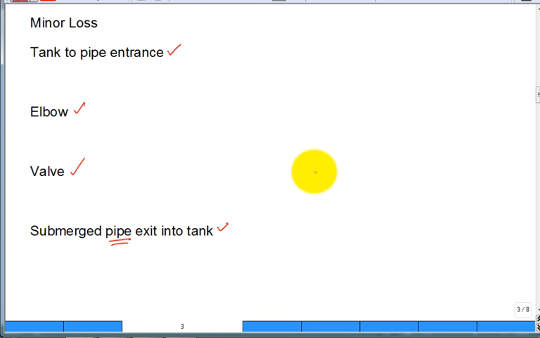If I have a pipe and I'm using it to fill this tank, and the end of the pipe is here, and the fluid level in the tank is there, and the water is shooting out, is there a loss coefficient associated with coming out of that pipe? No, there's not. We can develop examples where you'll see that.